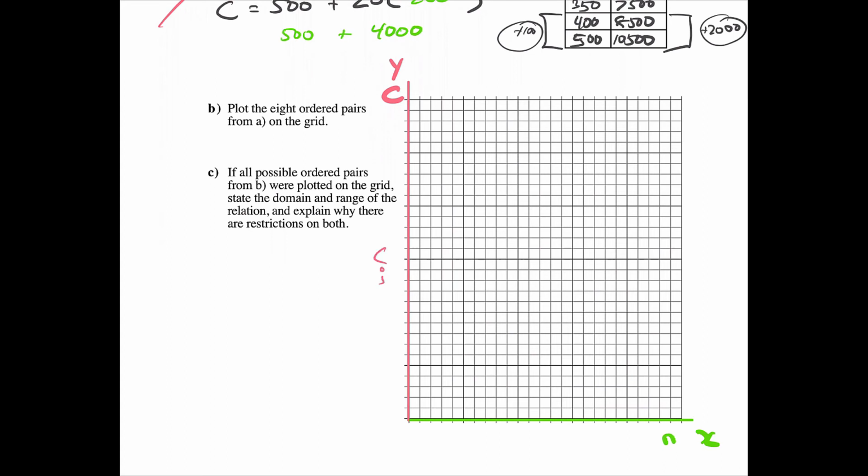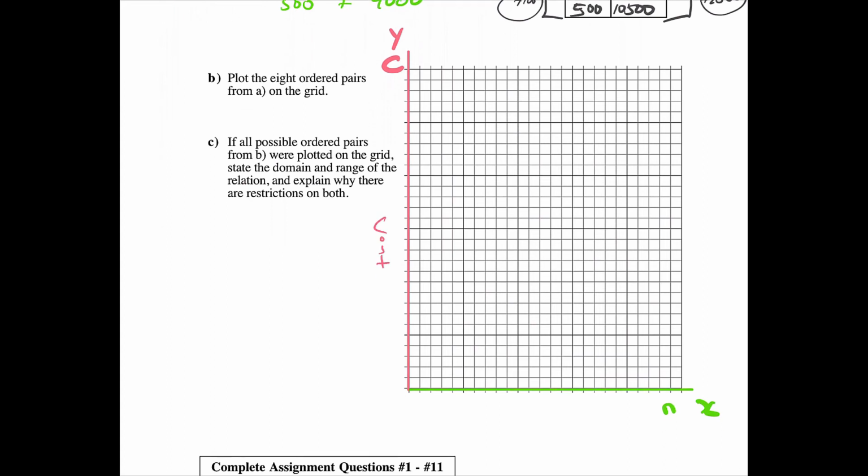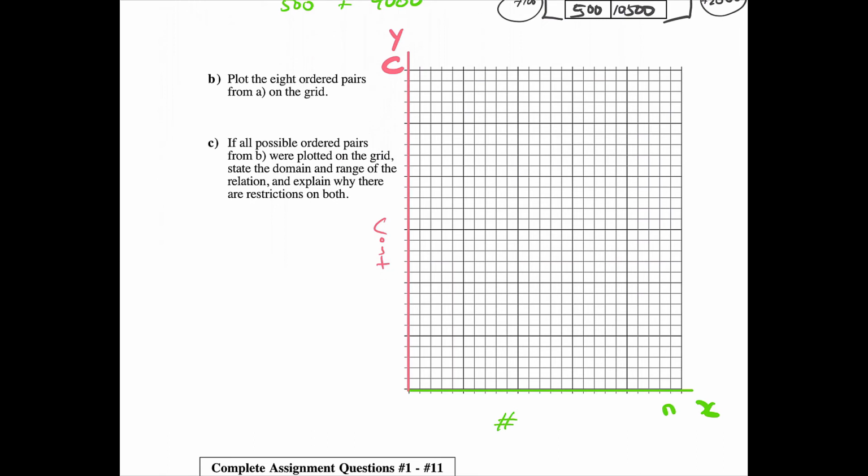Okay, we want to label this, so this is going to be our cost. And down here on the x-axis, it's going to be the number of people. Remember, this is going to be our independent variable, and this one is going to be our dependent variable. Now if we look at all these lines in the graph, these darker ones are the major lines.